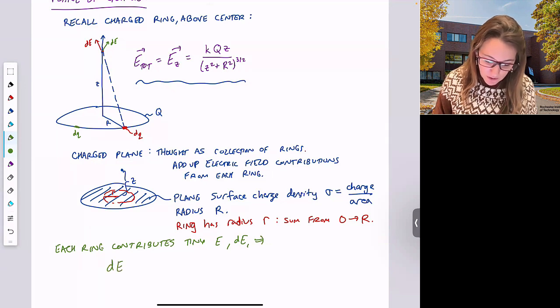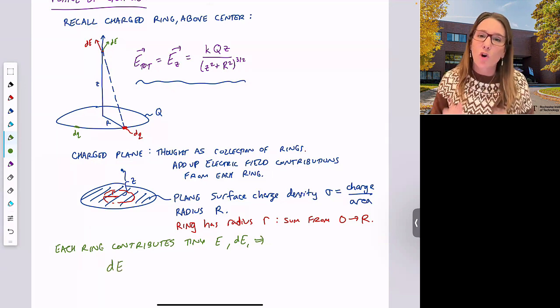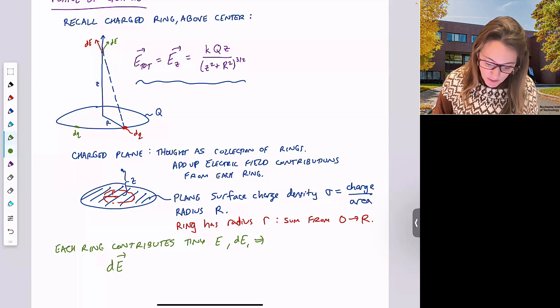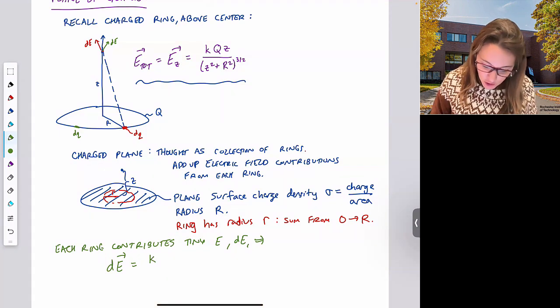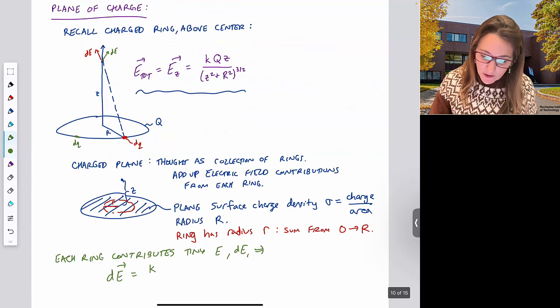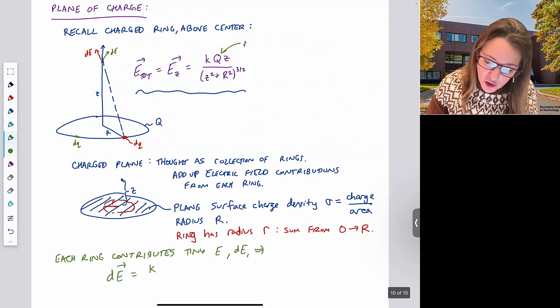That's going to be equal to, using our previous result, that dE, and again, we're only concerned about the direction, so that dE is going to end up being in the z direction, and it's going to be small. And so instead of a total charge Q, we're going to put a dQ. For this total charge Q, we're going to make it small.